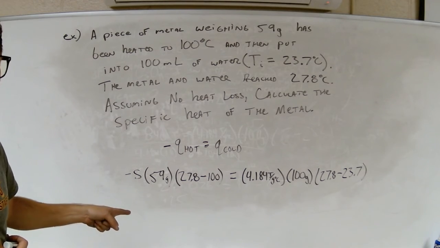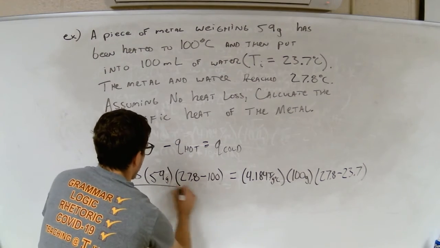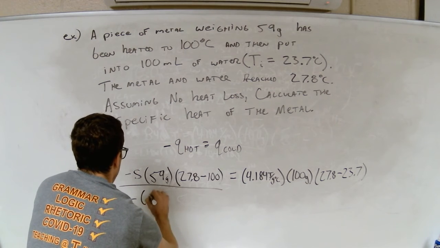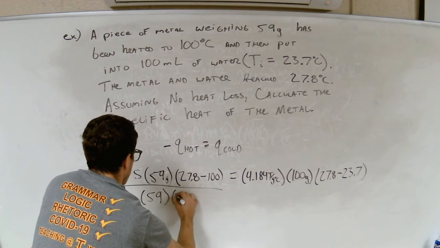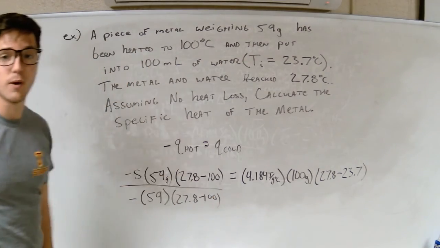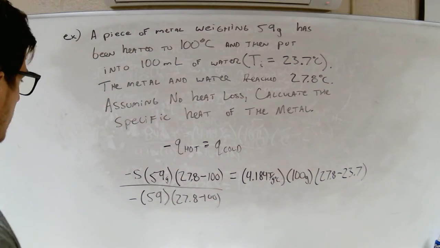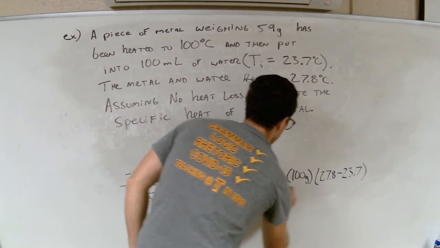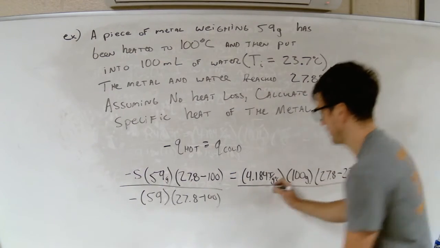So again, we are just going to do a little bit of algebra here, and I'm going to get S by itself. So I'm going to divide by negative 59 grams. You could simplify that if you want to, right? So these will all cancel out. If I do it to one side, I got to do it to the other.